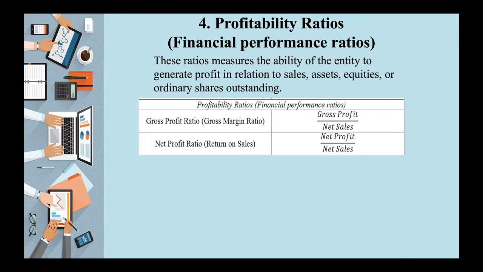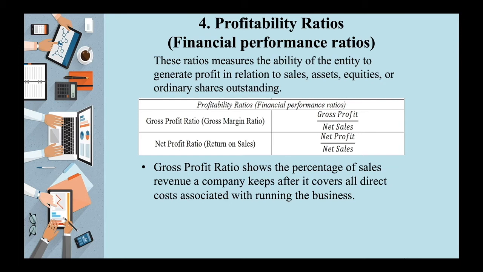Profitability ratios are the ratios that measure the ability of the entity to generate profit in relation to sales, assets, equities, or ordinary shares outstanding. For the profitability ratios, we have the gross profit ratio and the net profit ratio.